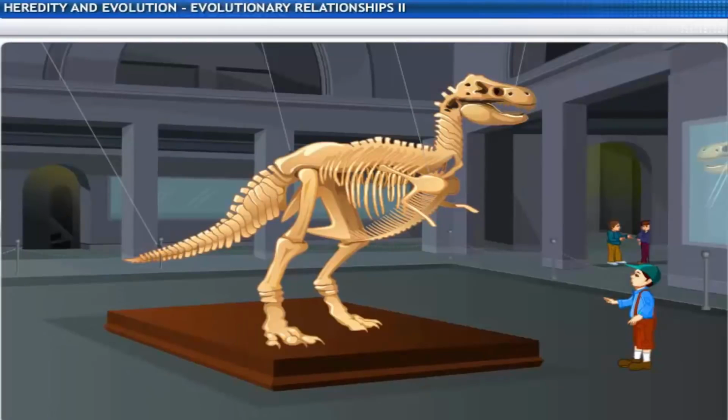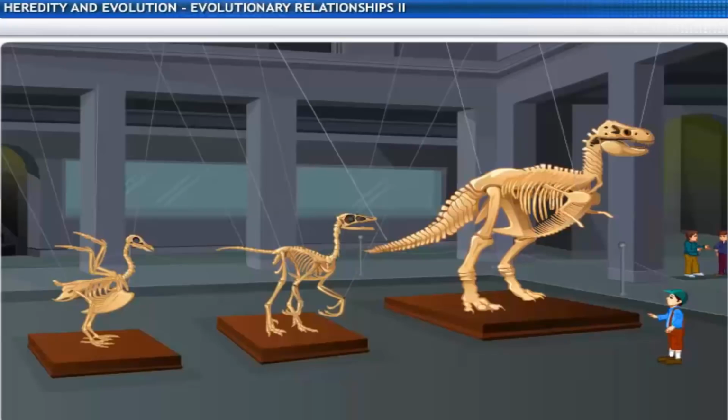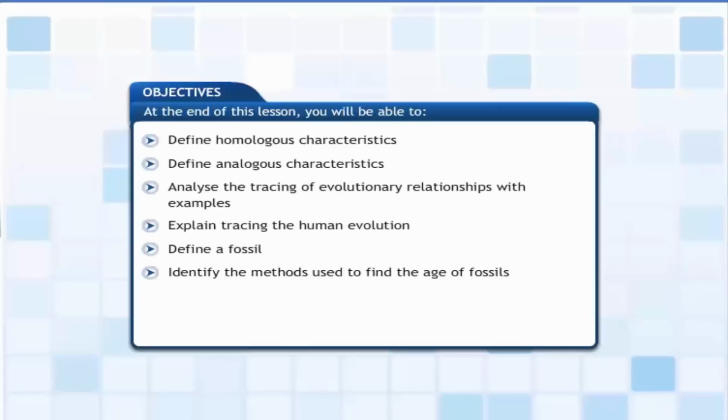This is how we came to know about the existence of dinosaurs. However, there are several other pieces of evidence of evolution that suggest a link between the different species. In this lesson, you will learn about evolutionary relationships and human evolution.